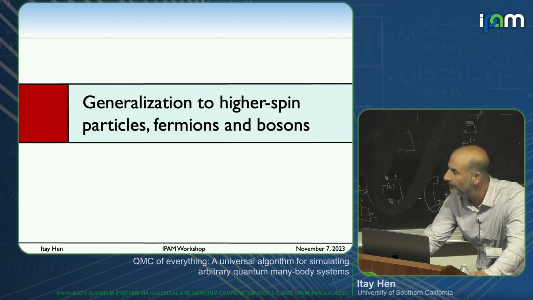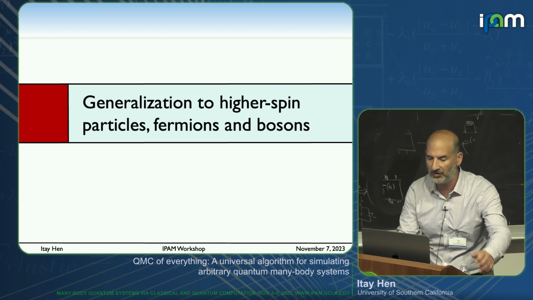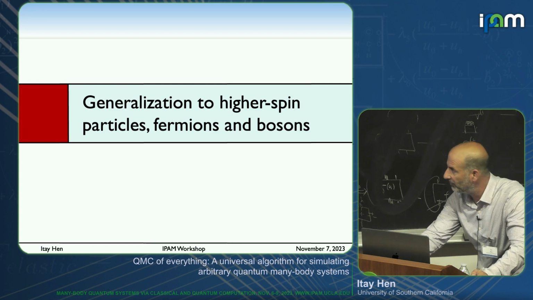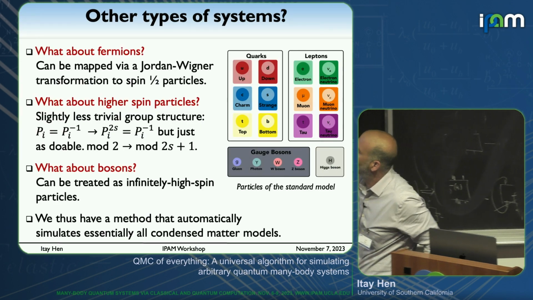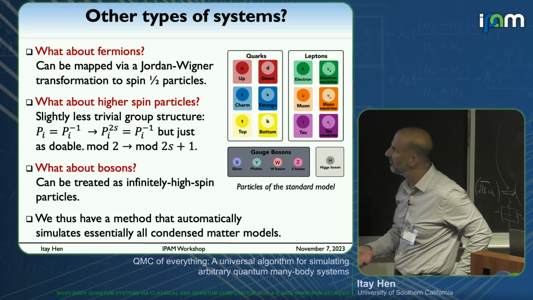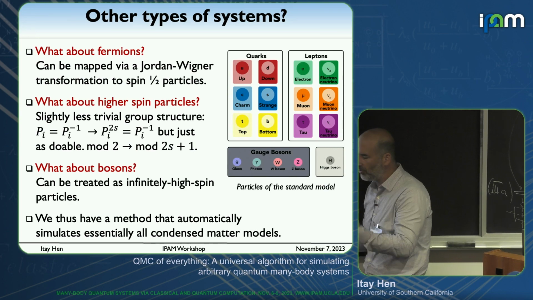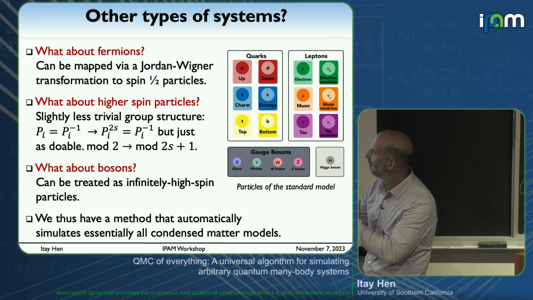I'll just say that this is just spin-half. However, you can easily generalize it, and this is what we did, to higher spins and fermions and bosons, and it's not very complicated. For example, fermions, I can use a Jordan-Wigner transformation to make it into a spin-half system. For higher spin particles, the group structure is different. P1 is not its inverse.